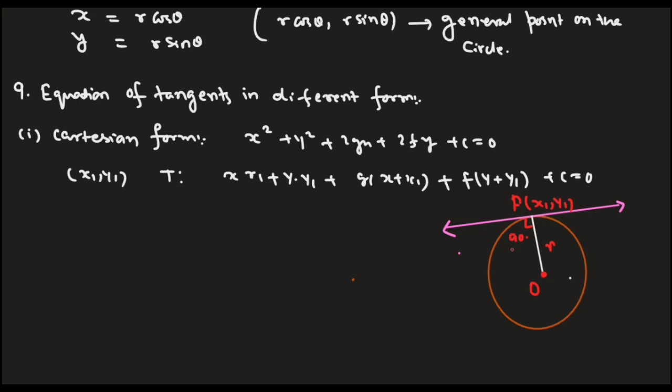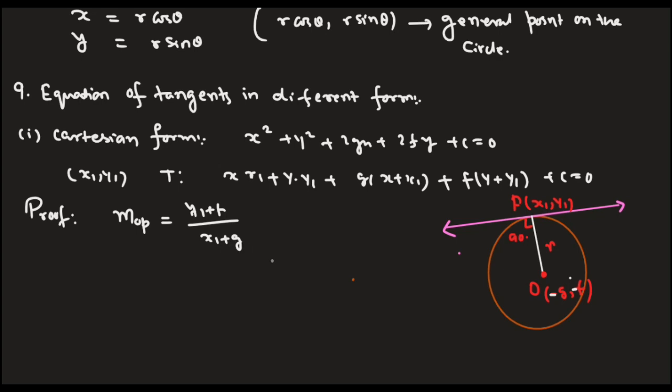So can we calculate the slope of the line OP? The center is (minus g, minus f). Now the proof of this theorem. The slope of OP will be y1 plus f divided by x1 plus g.